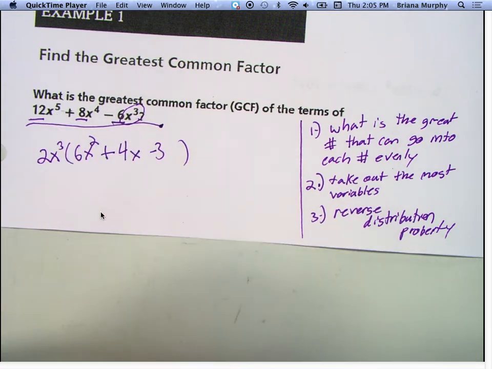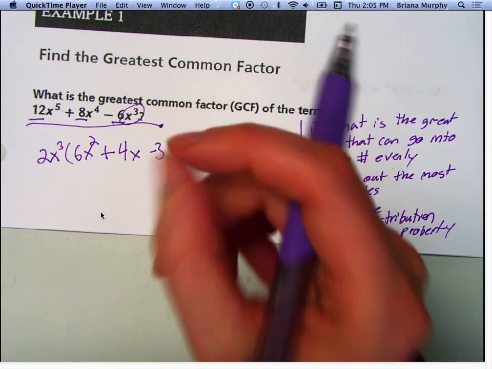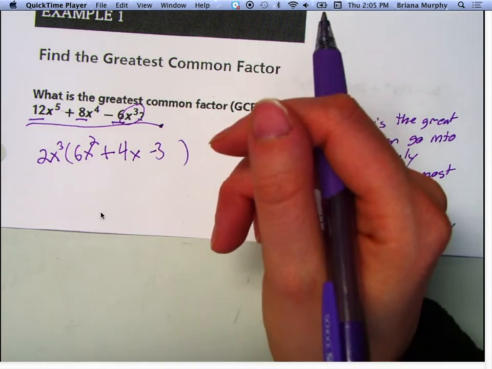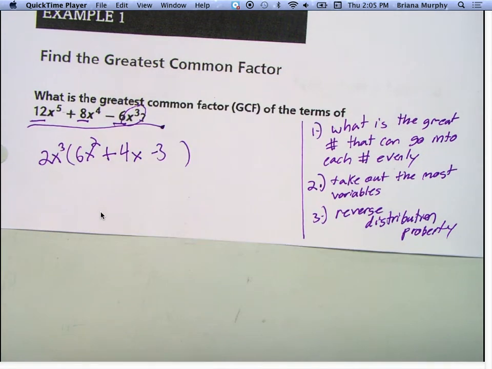Well, I can take more than that. So if there were 4 terms and each of them had x, that would be x to the 4th? You take out whatever the smallest exponent is. But you said take out the most x's that you can. So the smallest x I could take out is x, right?